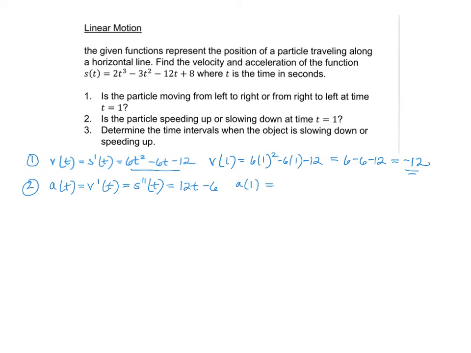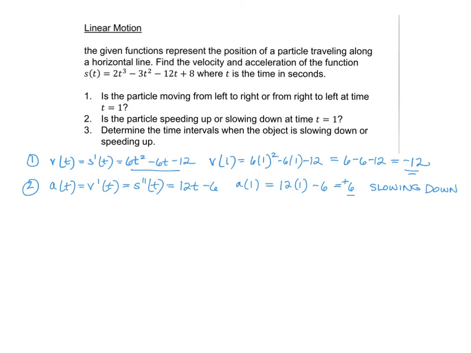And so if I take the acceleration at time 1, I get positive 6. And so this has a positive sign, and this has a negative sign. The velocity is negative, and the acceleration is positive. So that means that the particle is actually slowing down at time t equals 1.